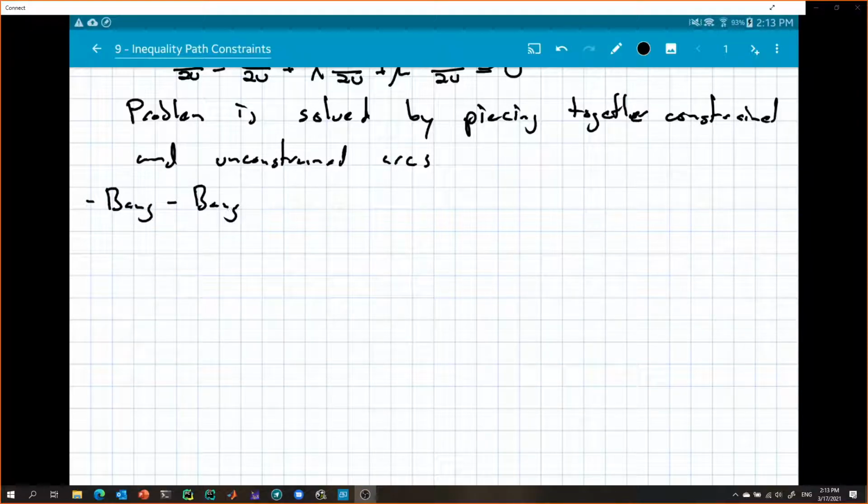So we're going to cover bang-bang control, and that is the technical name we find in all the books.